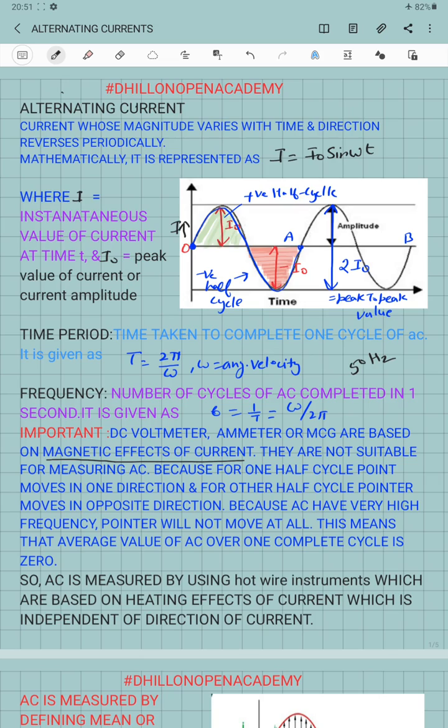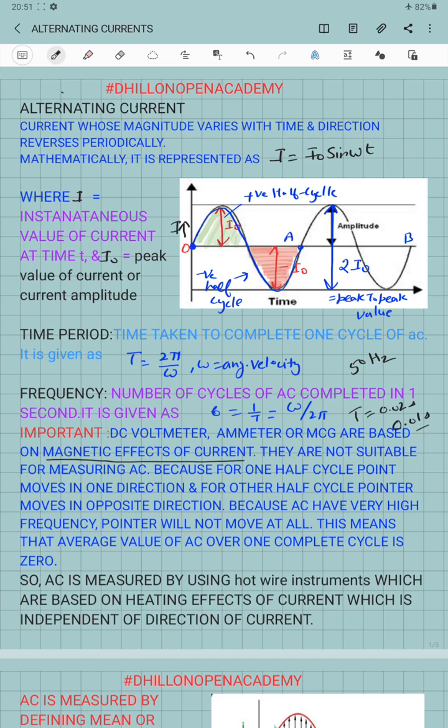Reason being, if the AC frequency is 50 hertz, then the time period of one AC cycle is 0.02 second. This means that one half cycle of the AC exists only for a time of 0.01 second. For such a short interval, the half cycles are reversing their directions, because of which the pointer cannot change its position rapidly.